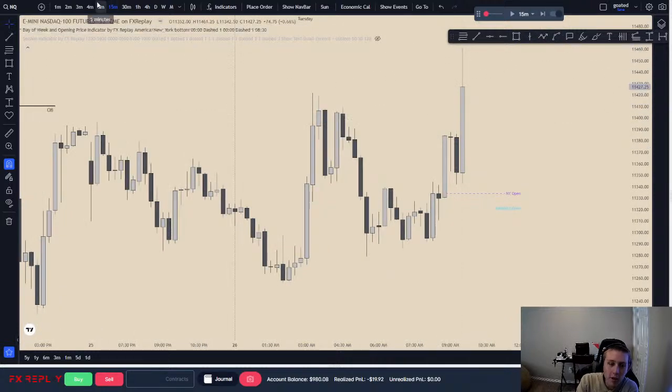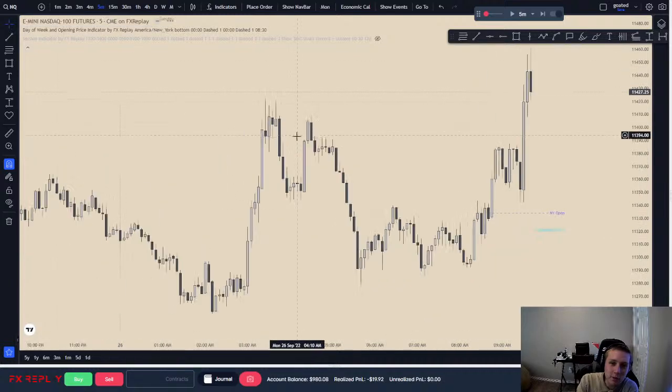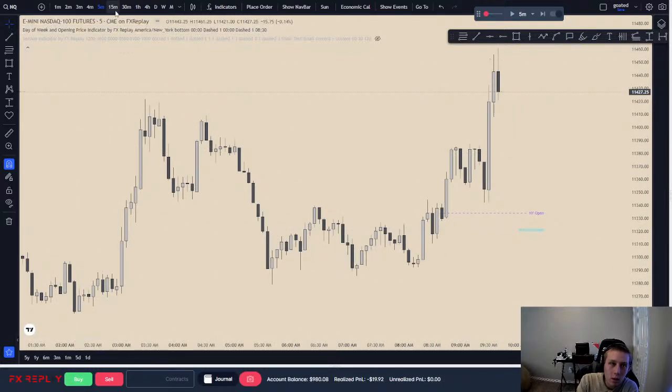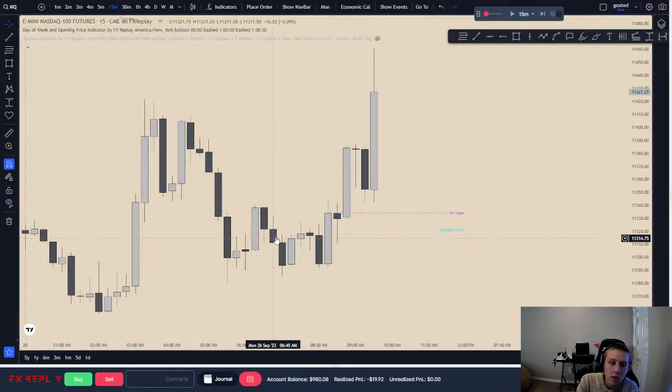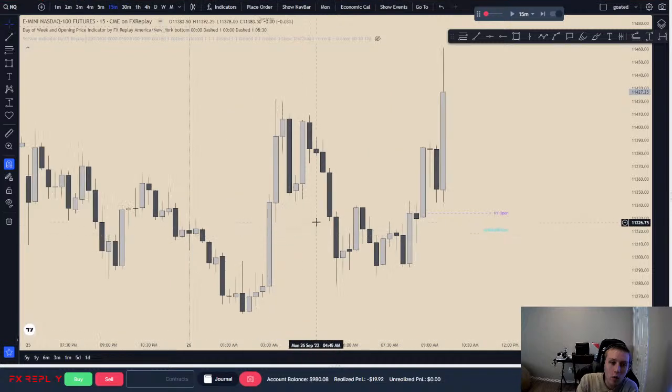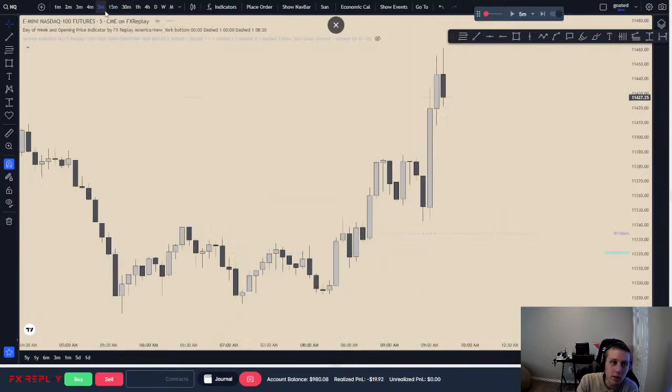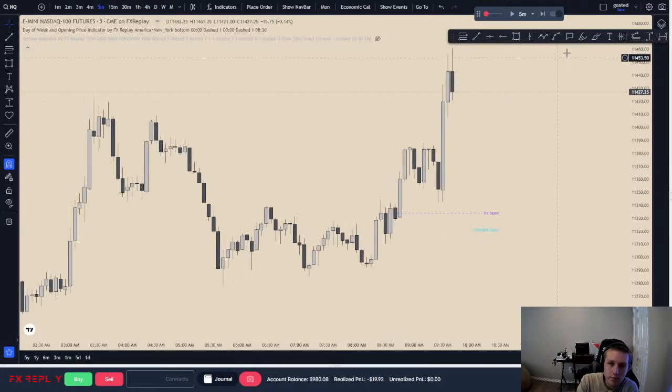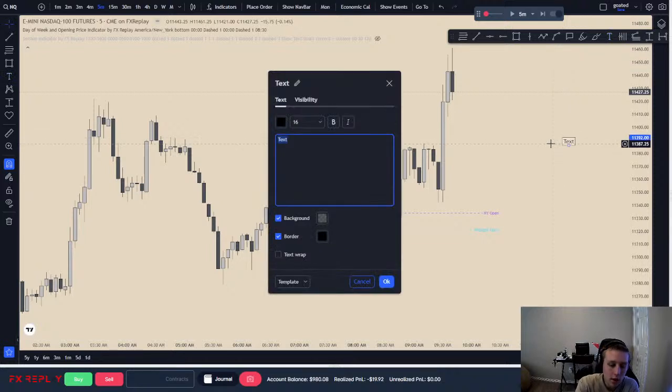Oh, market already. I went a little bit too fast. What do we have here? You have order block propulsion. 930 expansion can happen. Expansion.